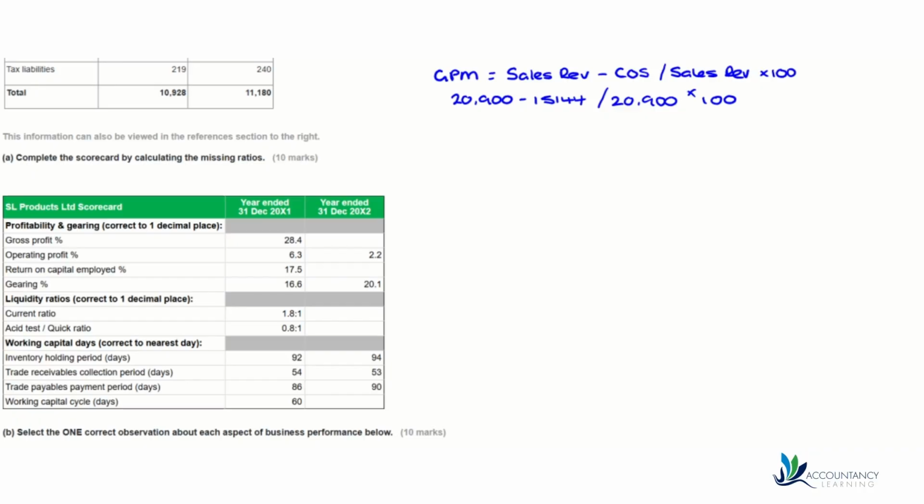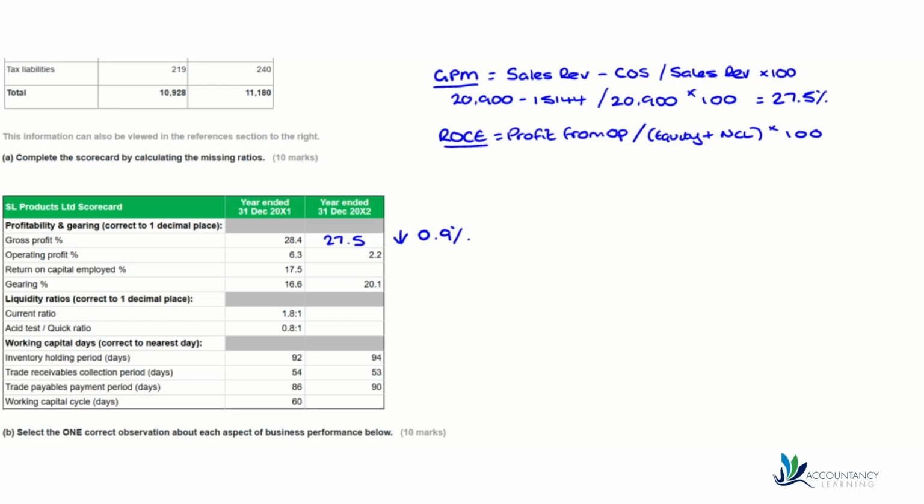Once we multiply it, to 1 decimal place, this becomes 27.5%. It's also worth noting the difference of the percentage from one year to the next. So this has shown the gross profit has decreased by 0.9%.